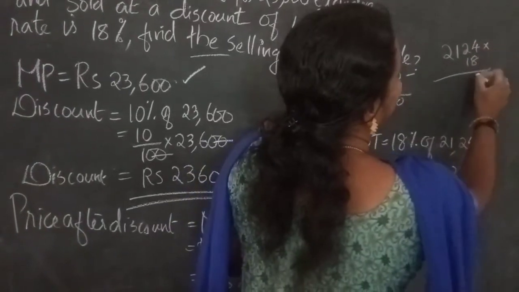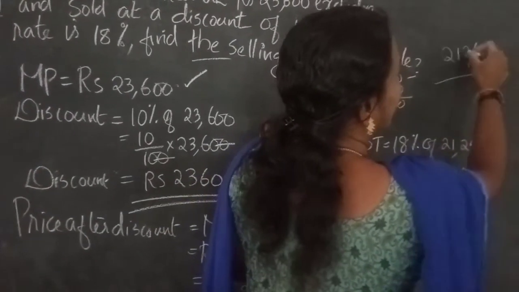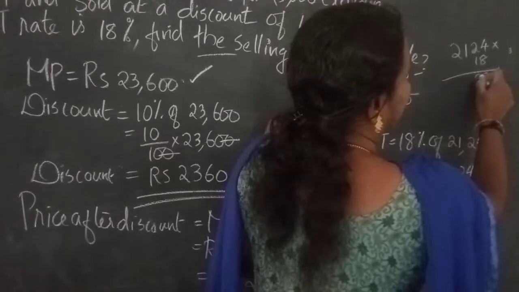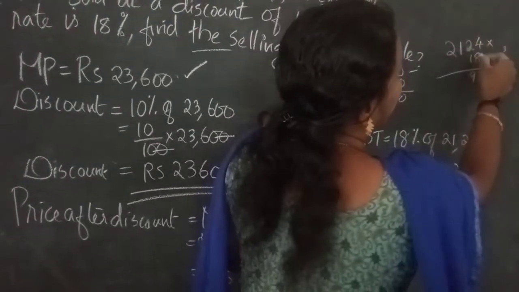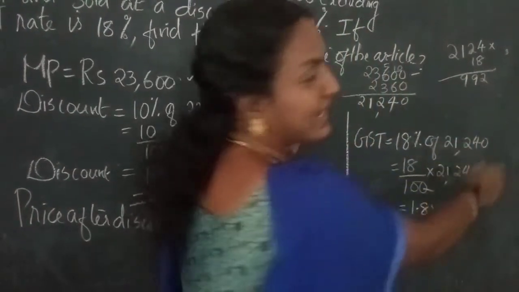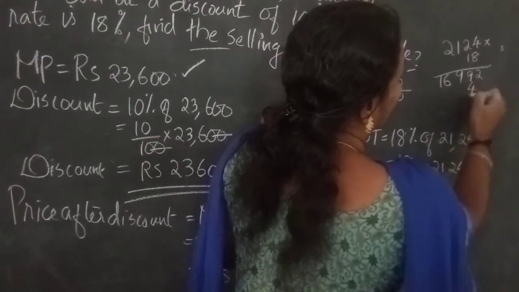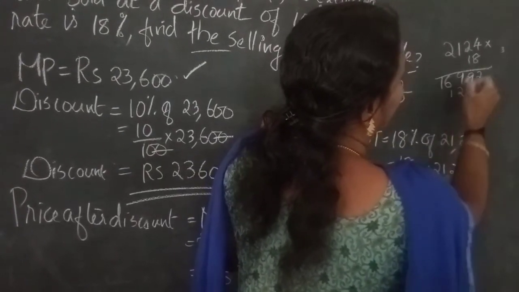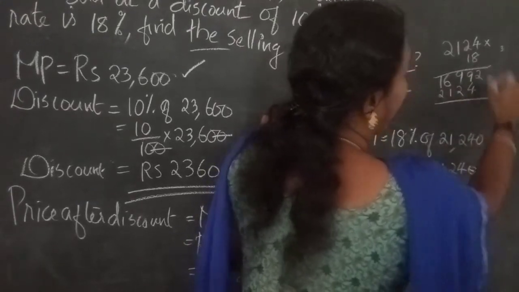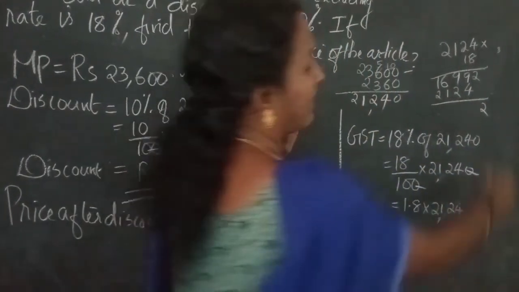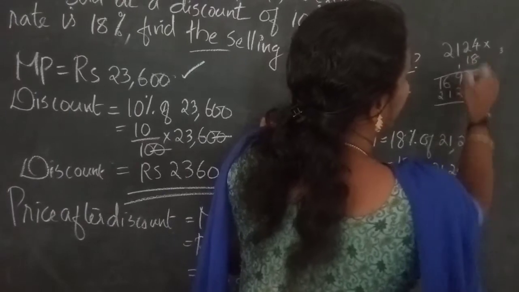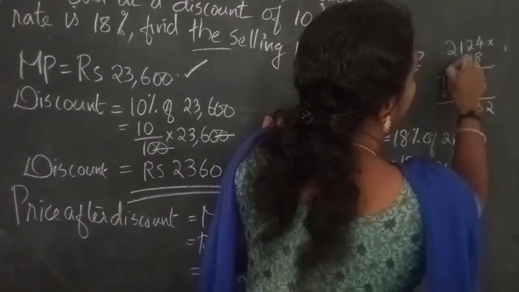Multiplying. 8 4s are 32. Balance 3. 2 8s are 16 plus 3, 19. Balance 1. 1 8 is 8. 8 plus 1, 9. 8 2s are 16. Then 1 4 is 4. 1 2 is 2. 1 1 is 1 and 1 2 is 2. 9 plus 4, 13. Balance 1. 10 plus 2, 12. Balance 1.